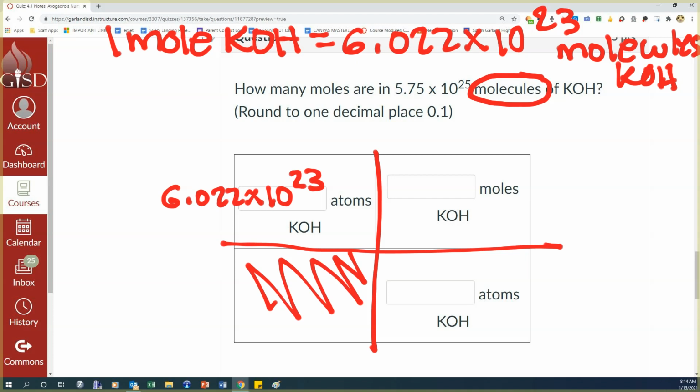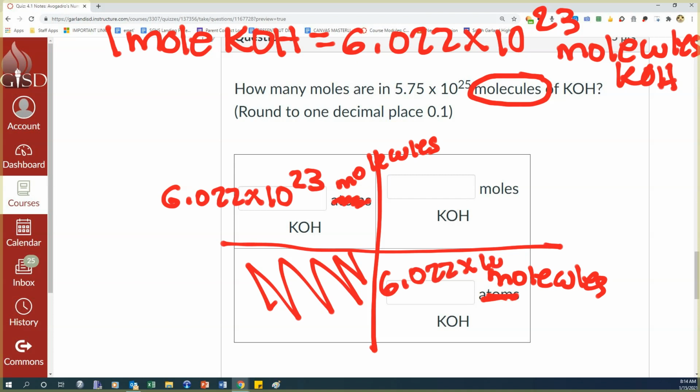Again, look closely at this problem. It's wrong because the given is not atoms. The given is molecules. So let's correct this. There's too many wrong things on this worksheet. Molecules. So it's 6.022 times 10 to the 23rd at the bottom.